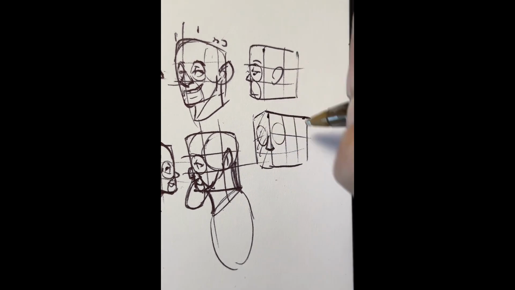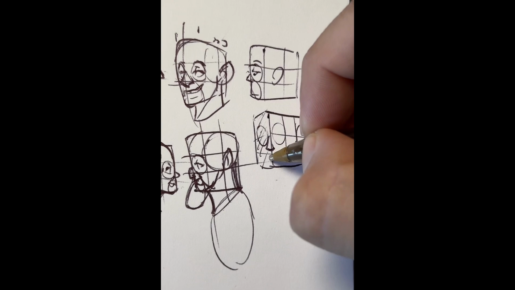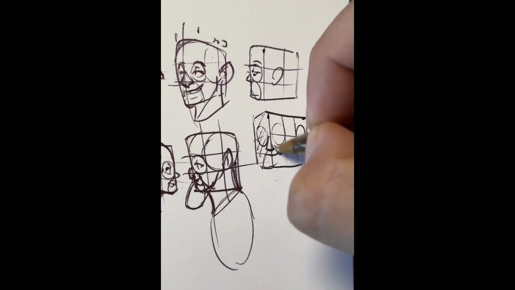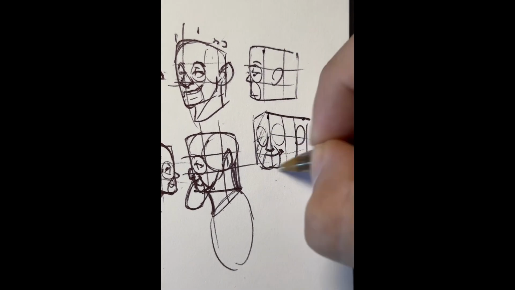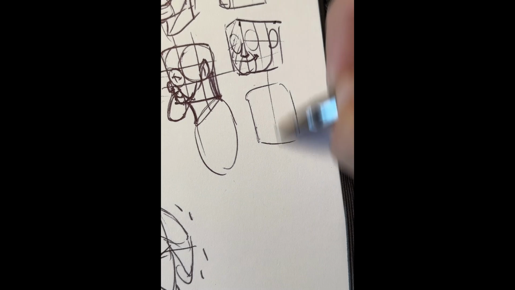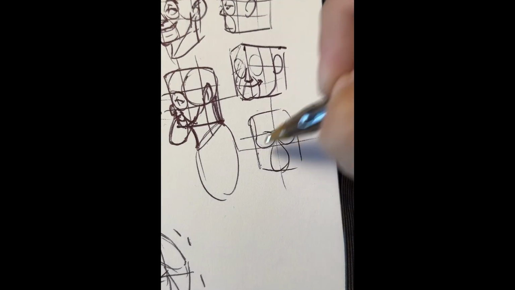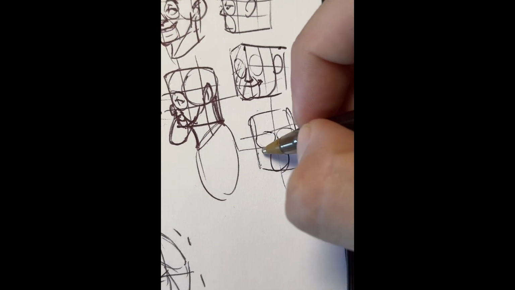You're going to have your eyes. You're going to just shift everything a little bit, one more. And you have yourself a 3/4 face. And then from the front, it's the same, but it's super easy because it's only 2. Ta-da!